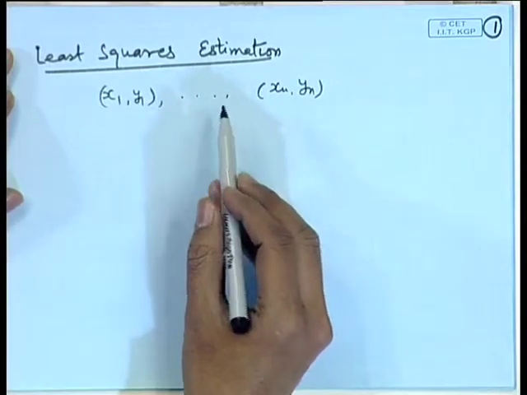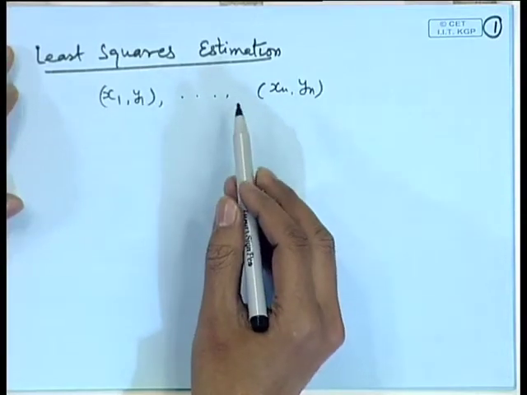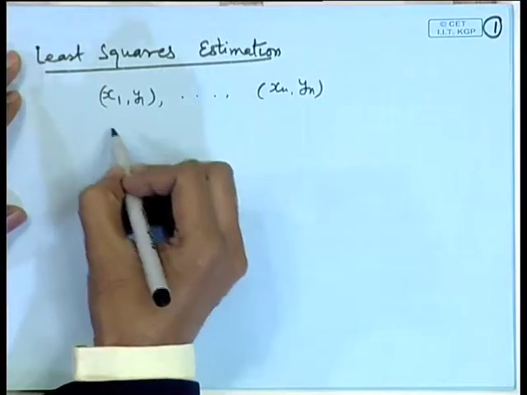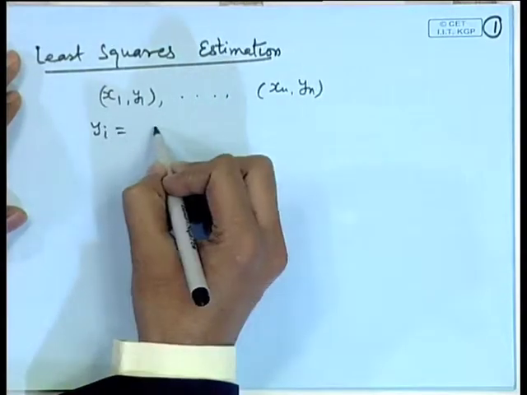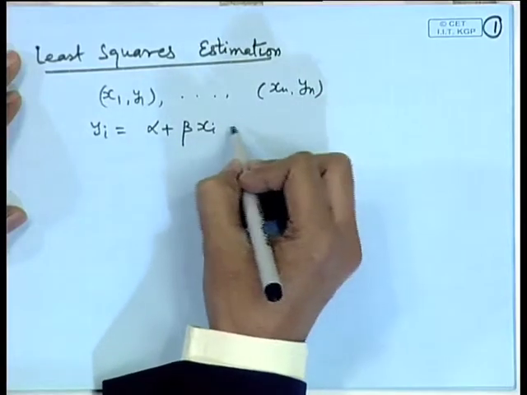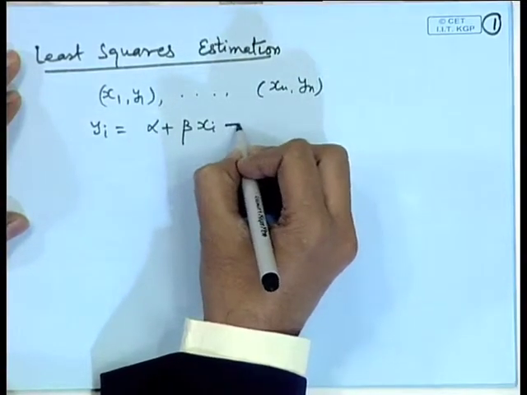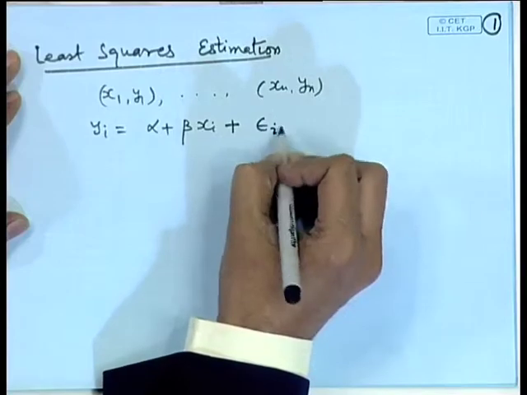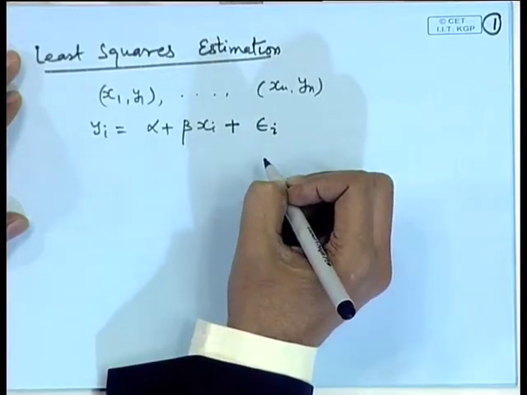However, the relationship is to be determined in the form of a linear relationship such as y i is equal to say alpha plus beta x i. So, we assume that the actual observations will introduce certain error, say epsilon i's.